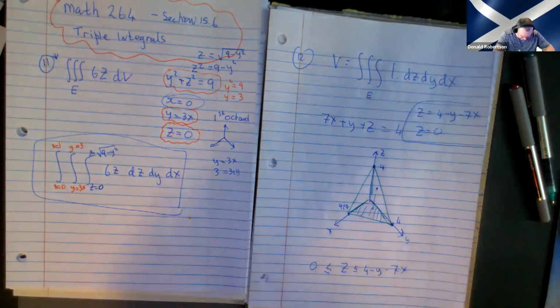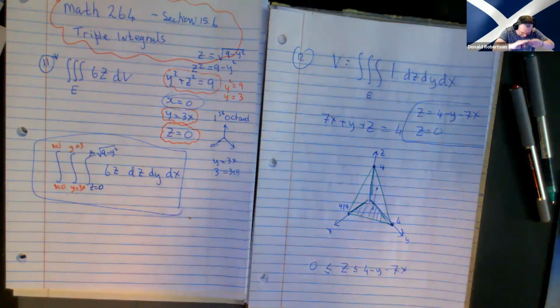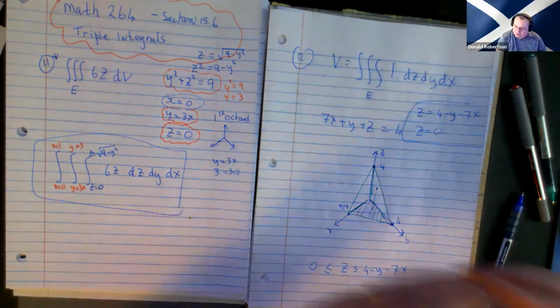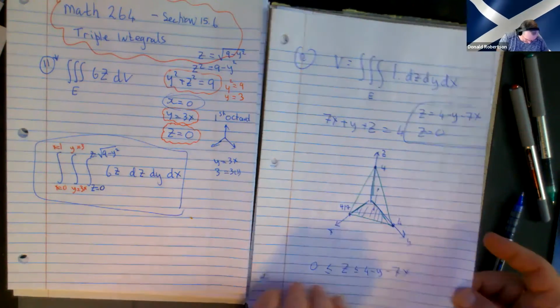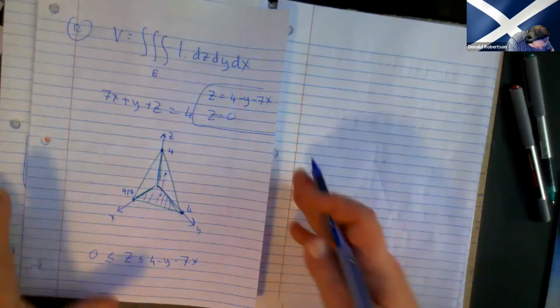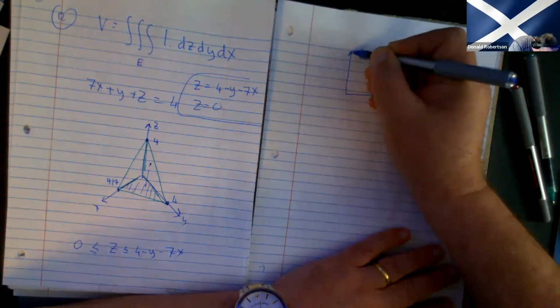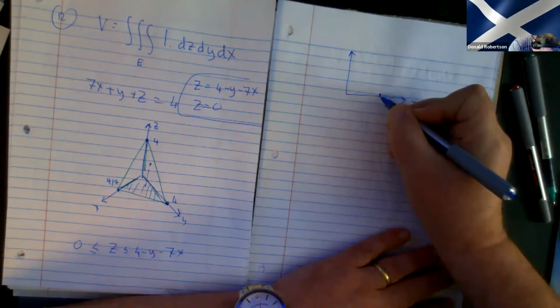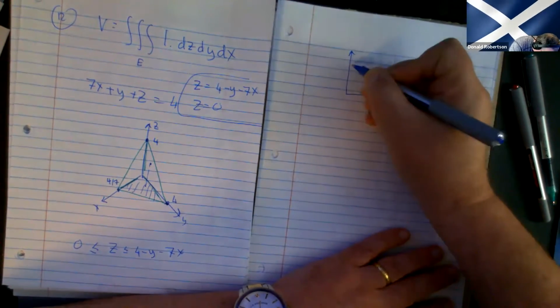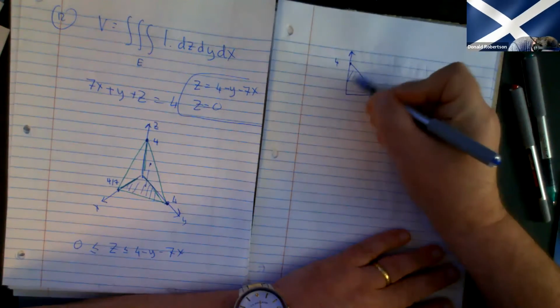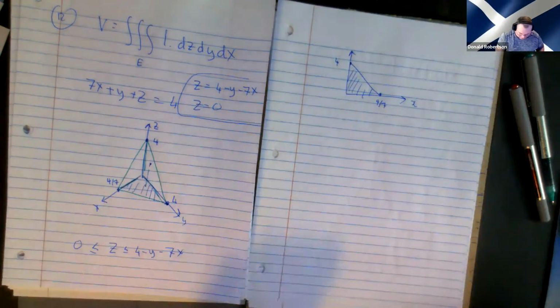Now, once you've taken care of the z's, don't you just basically think of what the shape on the floor is, right? So imagine the shape has a shadow on the xy floor. And if I look at the shadow and I reorientate it a little bit, x is 4/7, y is 4, and this little guy here is the triangle on the floor.